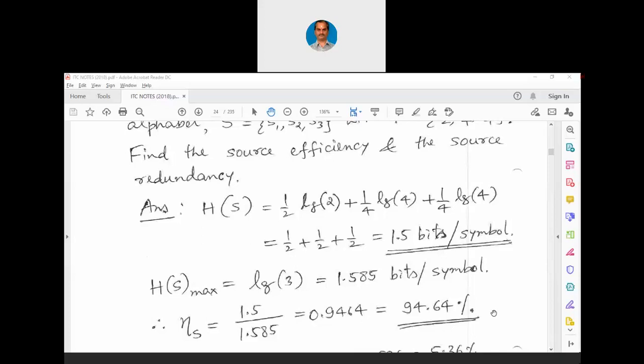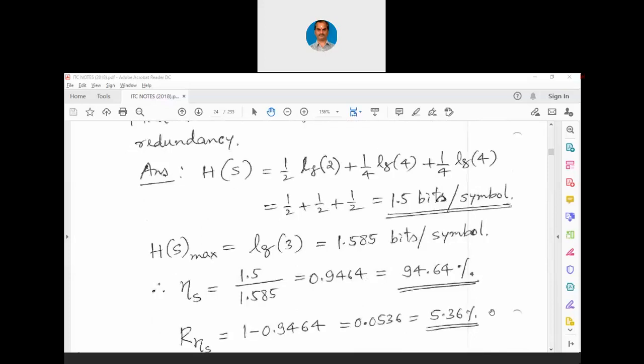That is correct. So the redundancy is 1 minus 0.9464, which is 0.0536, meaning it has 5.36% redundancy. That means the information source is around 5% redundant and around 95% efficient.